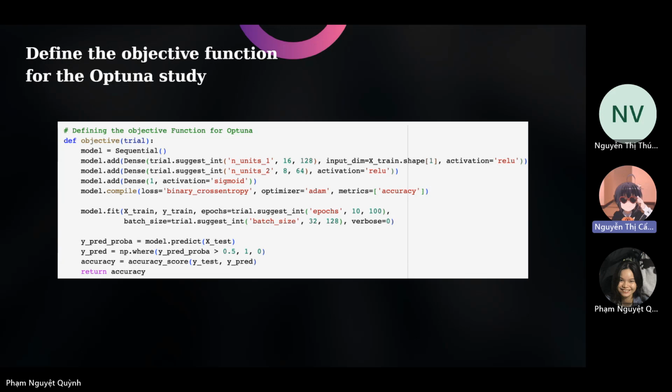The function defines the search space for the hyperparameters, creates a fully connected neural network model with the suggested hyperparameters, and trains the model on the training data. The accuracy is calculated as the evaluation metric and returned to Optuna for optimization.